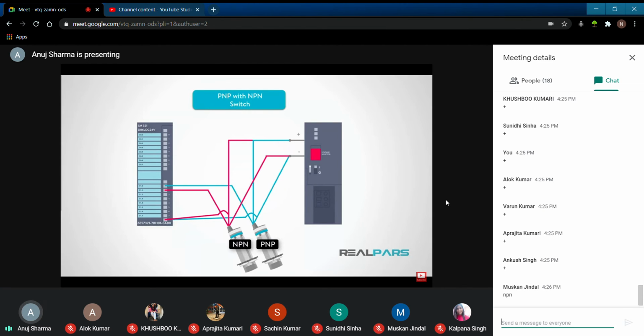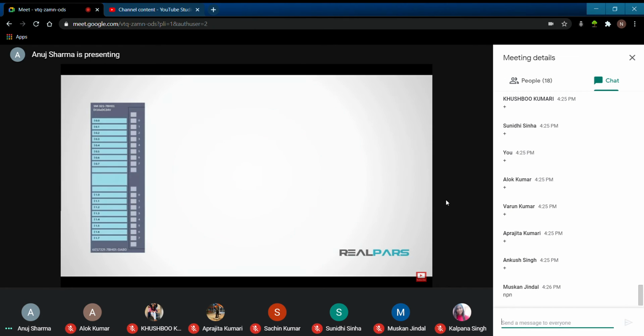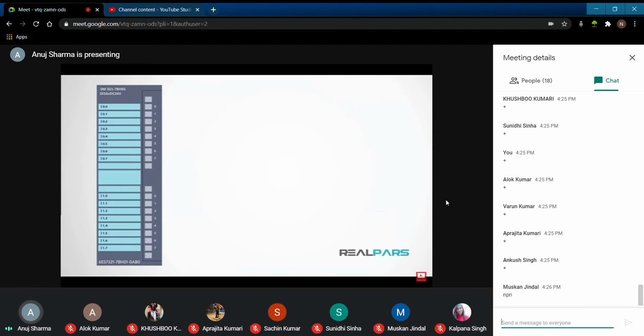Now, let's see how 3-wire discrete DC sensors are connected to actual PLC I/O cards. This is a schematic of one model of Siemens SM321 digital input card, part number 6ES7321-7BH01-0AB0.